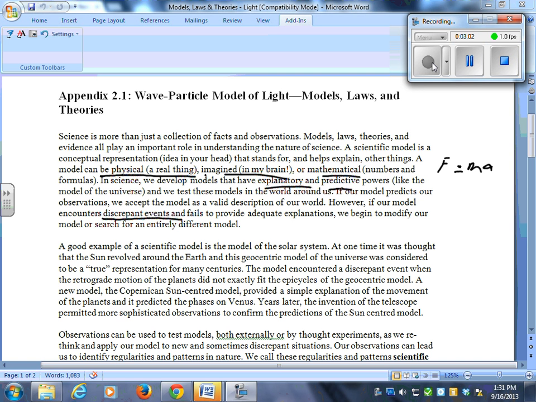However, if our model encounters discrepant events and fails to provide adequate explanations, we begin to modify our model or search for an entirely different model. Can you give me a very good example of a model that over the years has changed dramatically? The solar system. Excellent choice. And actually, you're right about the periodic table, too.